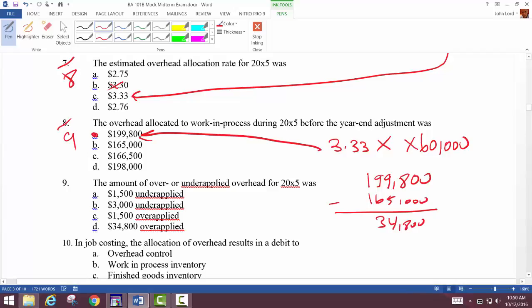And since applied and allocated are synonymous terms, although I think applied is technically better, I applied 199,800 and I have 165,000 actual, then am I over or under applied? This side of the room? I'm over applied, right? Because I applied more than the actual. So the answer is D here for number 10.